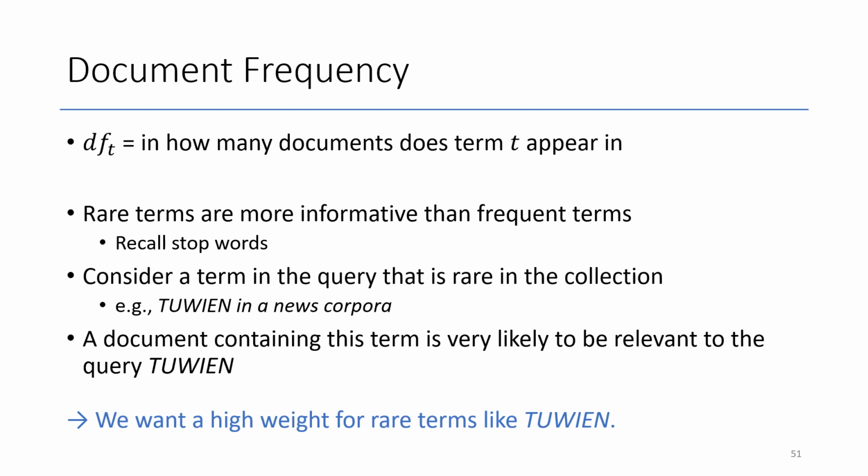So consider if we have a query that contains the word TUWin, and we want to only find documents containing this term, it's very likely that a document with TUWin in it is more likely to be relevant to a query that also contains TUWin than maybe other words in addition to that. So we want a high weight for rare terms like TUWin.